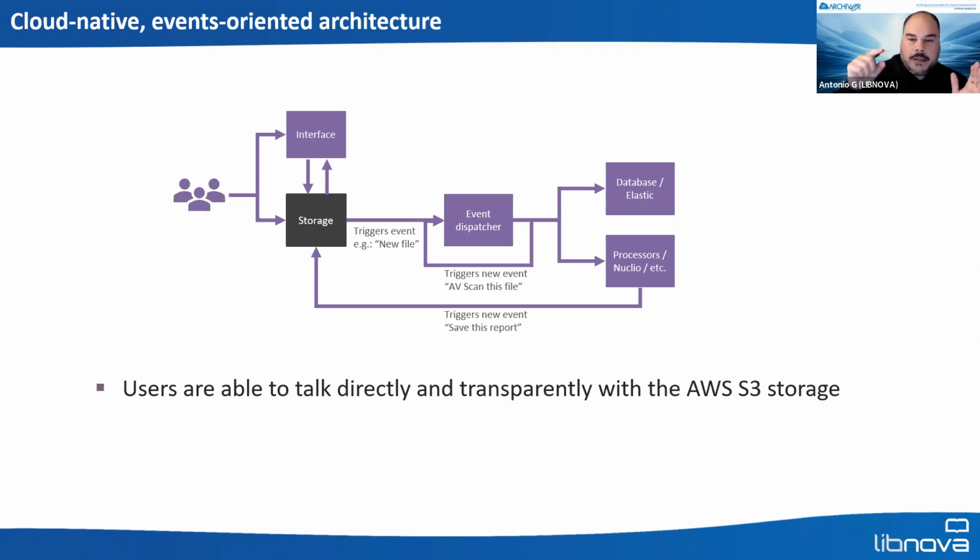And the platform is executing all those events. So you can see how this can scale. This scales to millions of files and petabytes of data, and it has been demonstrated because of this architecture.